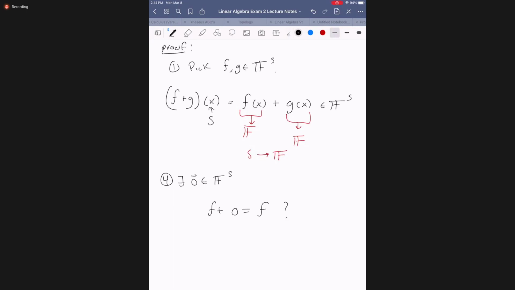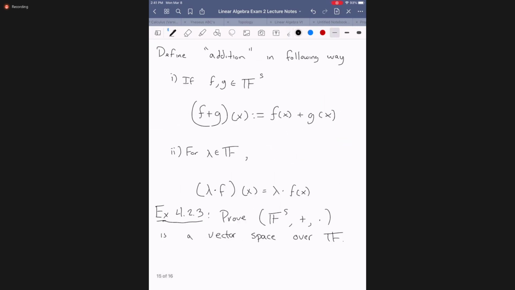So I want you guys to understand this, because this is going to come back when we try to create the vector space of continuous functions and polynomials.